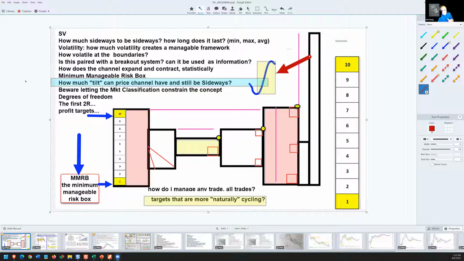So 3 to 1. And the payoff was 2.5 to 1, average win to average loss, and 0 trades losing more than 1R. On the basis of that performance, we tentatively agreed that he may have found a manageable risk box.